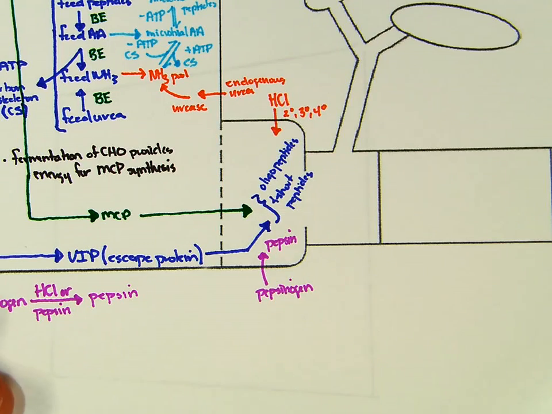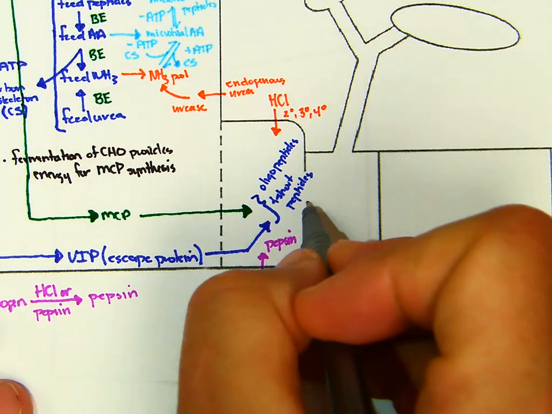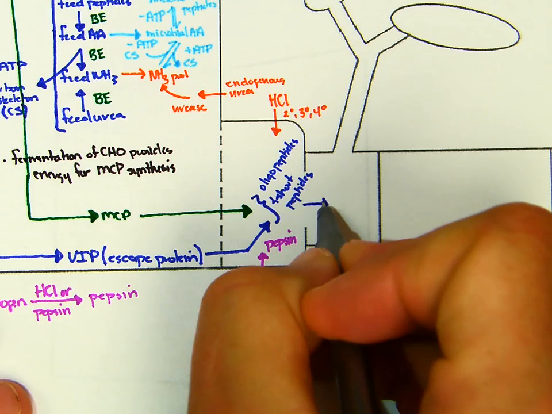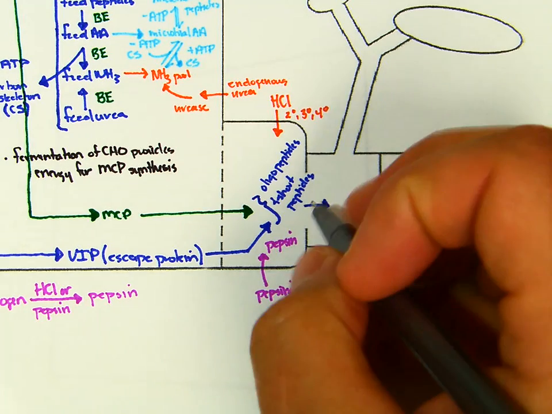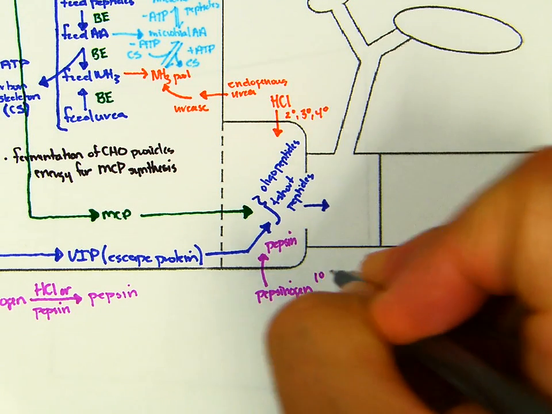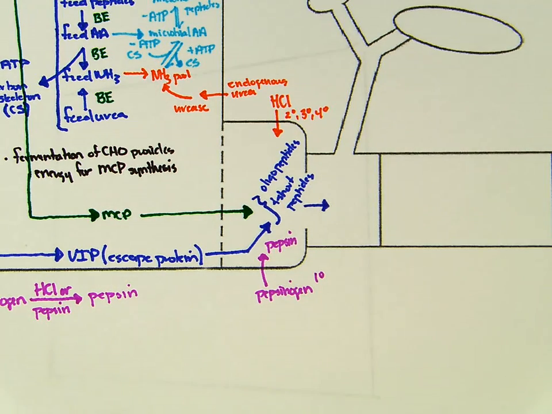Okay, so what we have moving to the small intestine is the products of protein digestion. Real quick, just remember these zymogens are going to break the primary structure of the protein, so they're actually going to break the peptide bonds.